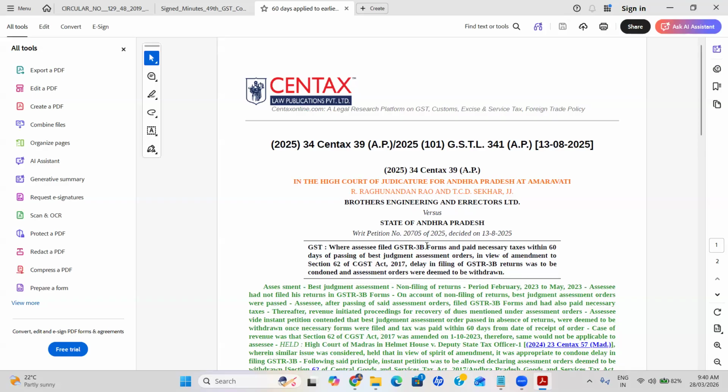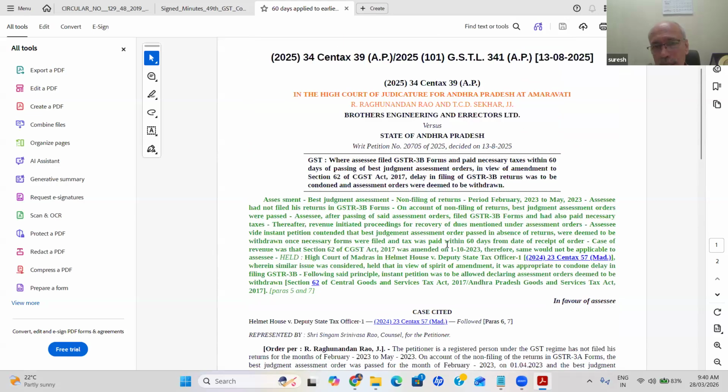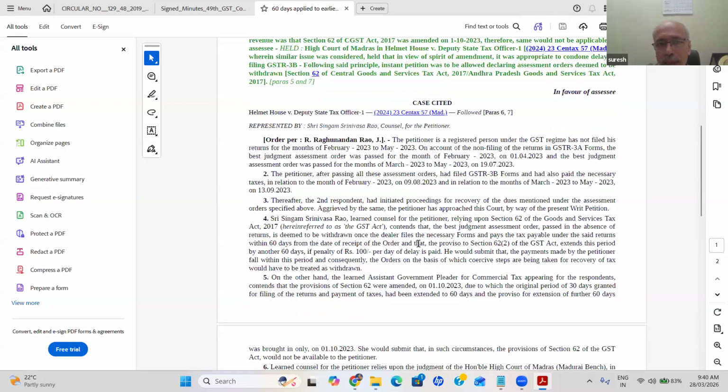Here, Andhra Pradesh High Court, a Division Bench, has held that the 60 days period applies to the earlier period also. Because we have seen that in the amnesty, the benefit was given to returns only where the assessment order was passed up to 28 Feb 23. So what happened to orders passed between March 23 and October 23?